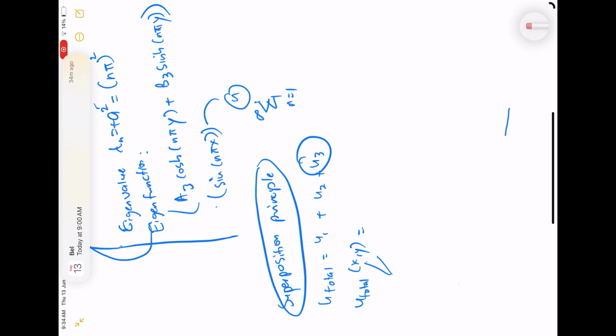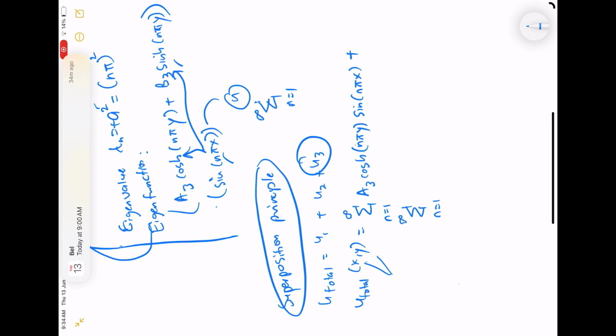So the value of u total is from n equal to 1 to infinity, a3 cos, just copy again, n pi y, and then sine, because you can multiply this to this and this to this, sine n pi x, plus this one and this one, this summation, a bit weird, n equal to 1 to infinity, b3 sine n pi y multiplied by sine n pi x.